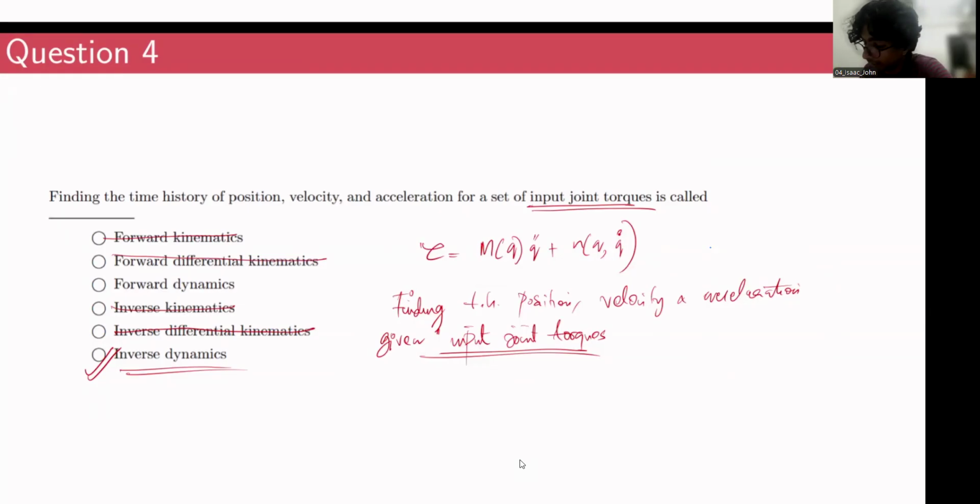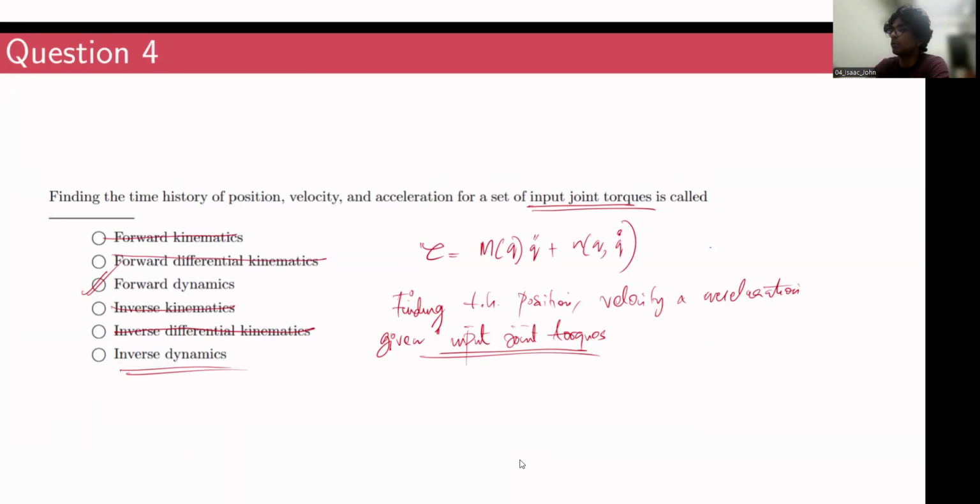So in that regard, the correct answer should be forward dynamics, right? You are supplying some control torque into the manipulator, and you are trying to find out the time history of position, velocity, and acceleration. So it's very similar to simulating the robot in a virtual environment, right?